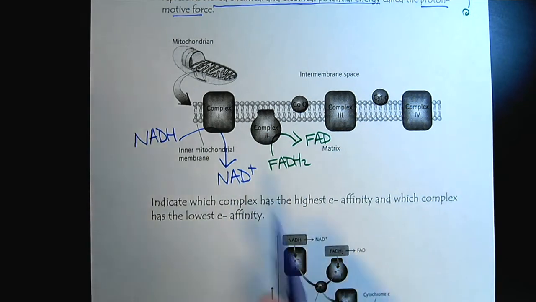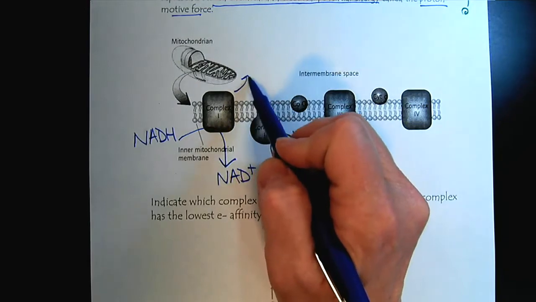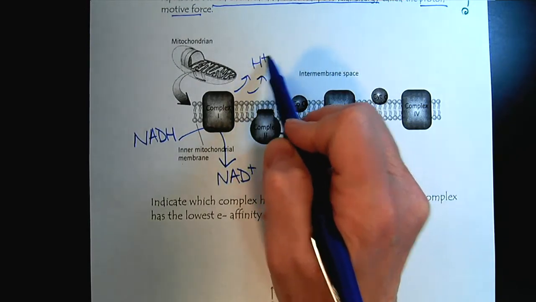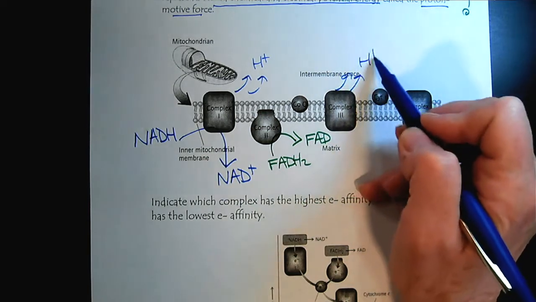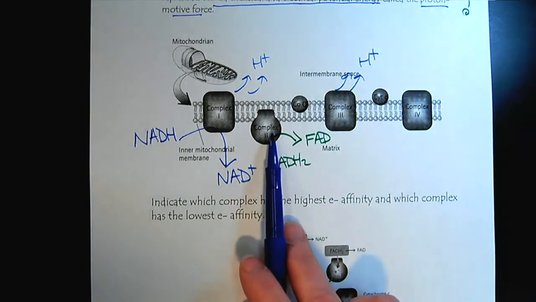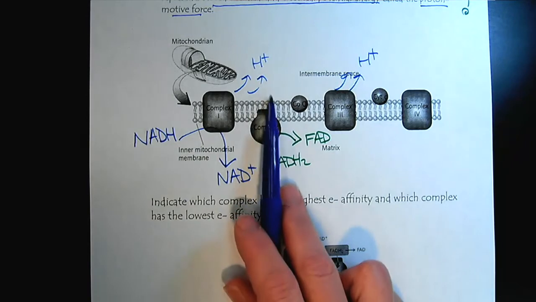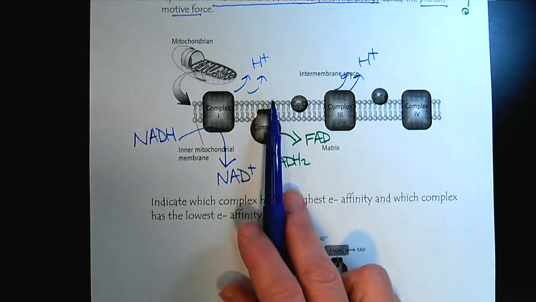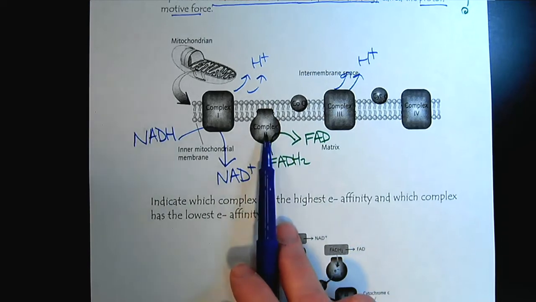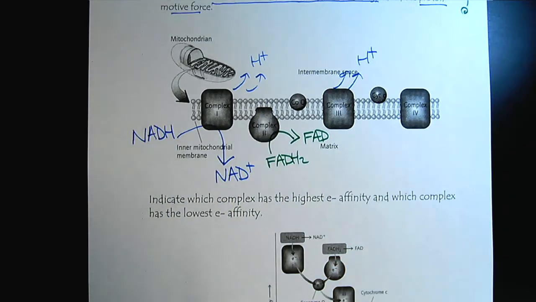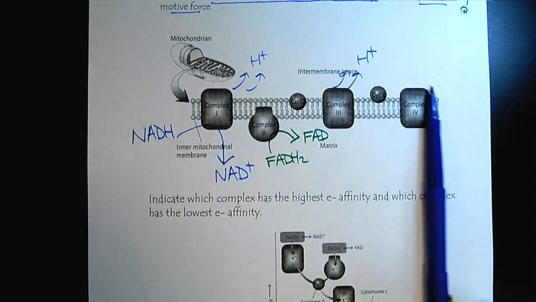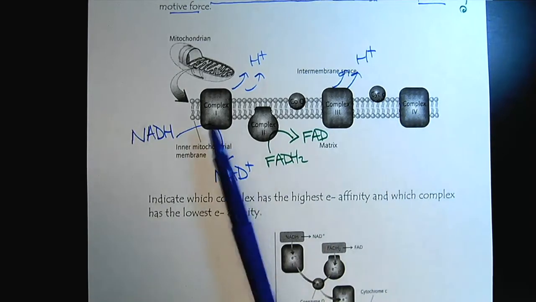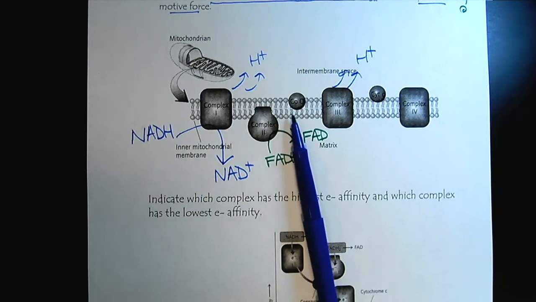So with complex 1, we get protons pumped, and complex 3, we get some more protons pumped. Notice complex 2, since it does not penetrate all the way through the inner membrane, there are no protons pumped from complex 2. Now complexes 1, 2, 3, and 4 are rigidly stuck in the inner mitochondrial membrane.